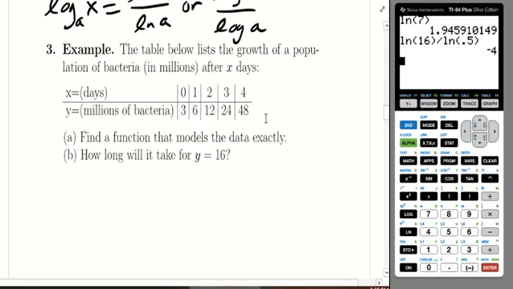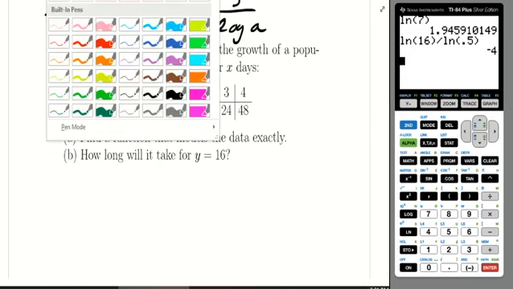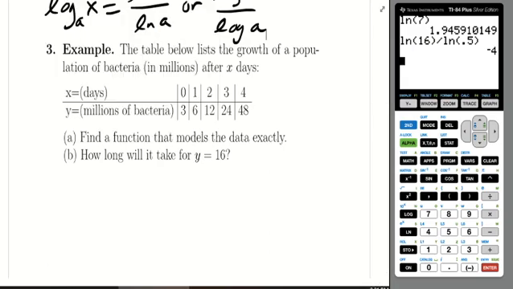Now, how are logarithms useful? I said we can use them to solve exponential equations, perhaps. If you notice, this data here is exponential growth. Every time I go from one to the next in the y values, I'm multiplying by 2, and the x values are going up by 1.